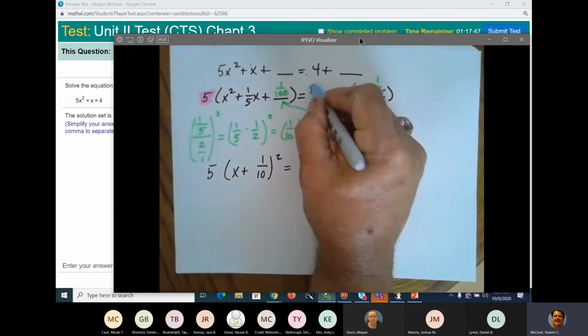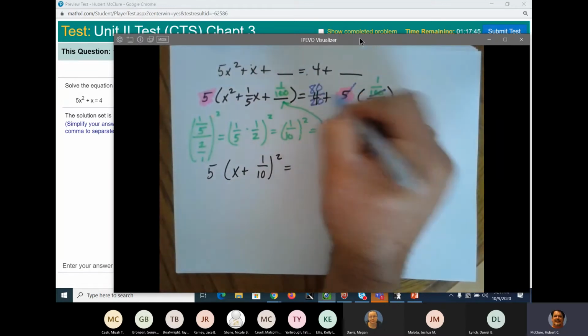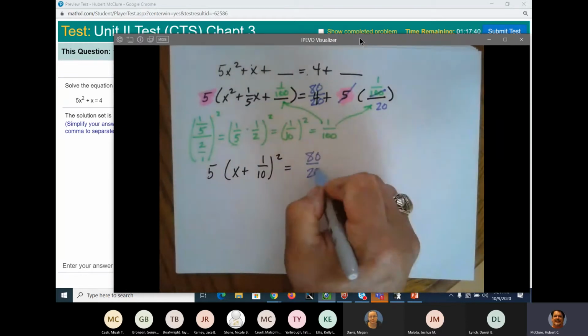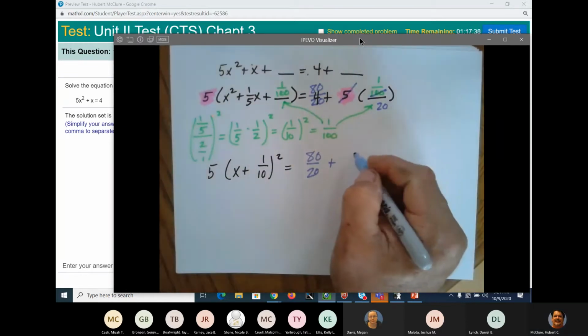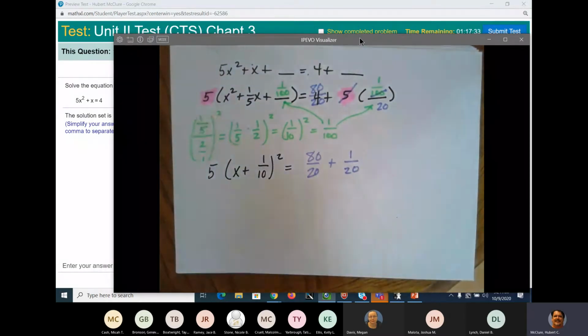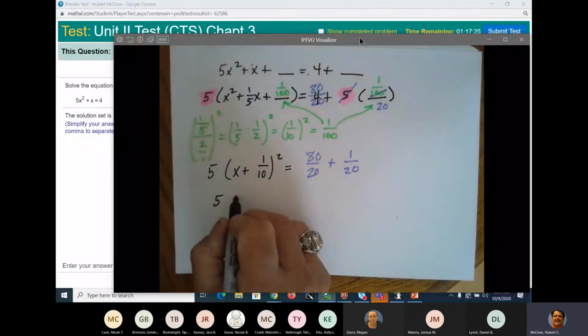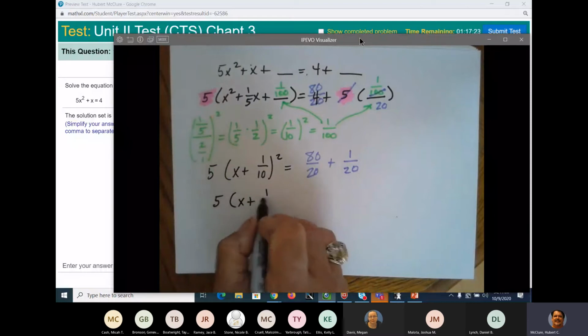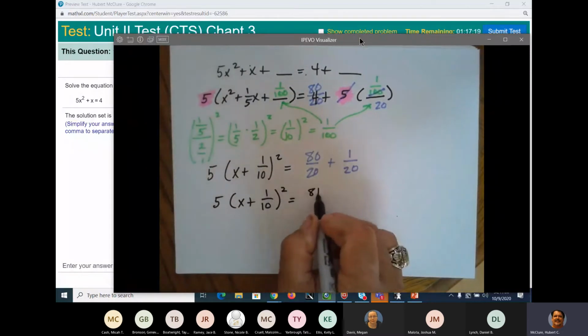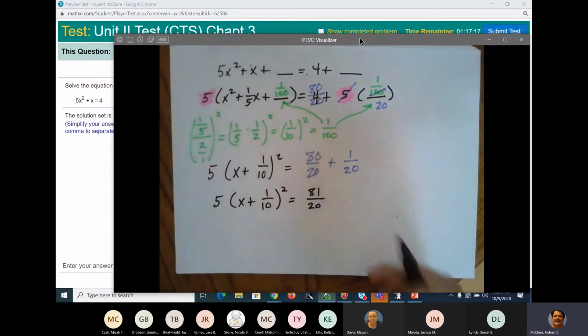And 80/20. So that's going to be 80/20 plus 1/20. Oh my gosh, they're going to give us a perfect square. 5 times x plus 1/10 squared is equal to 81/20.